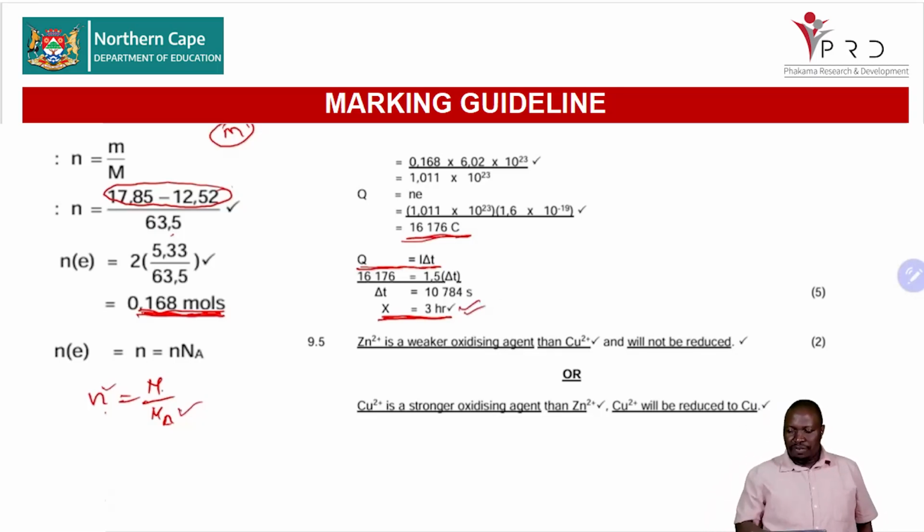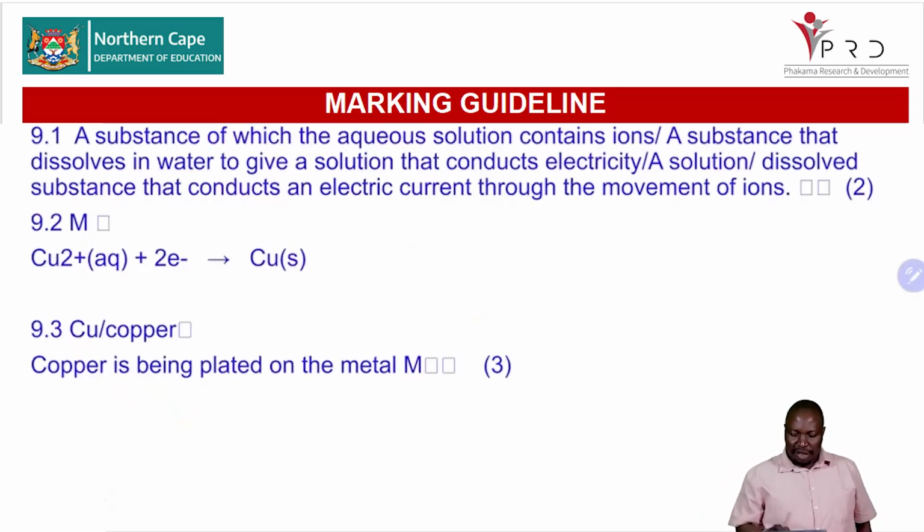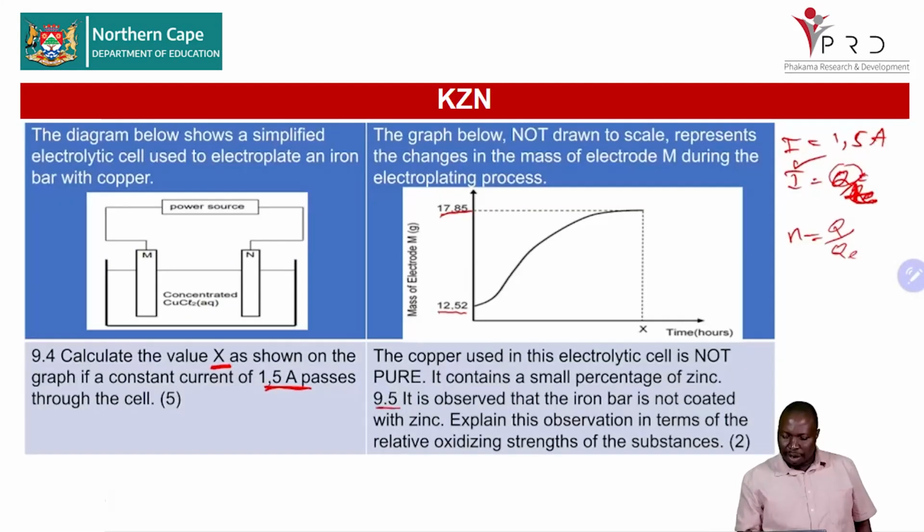I won't be happy if I close this session without talking to this question of 9.5, which is our last question for the day. It says, it is observed that the iron bar is not coated with zinc. Explain this observation in terms of the relative oxidizing strength of the substance.